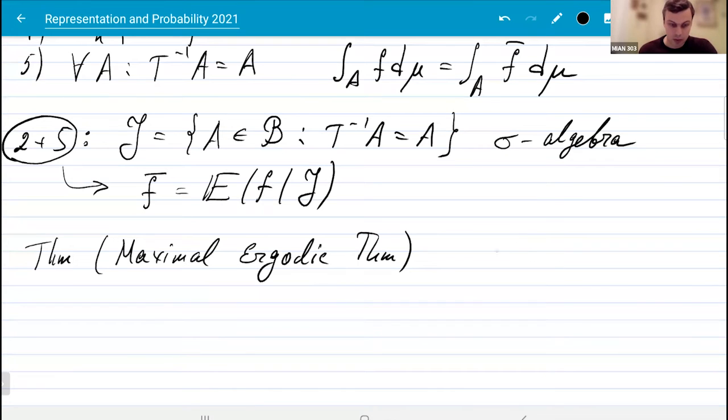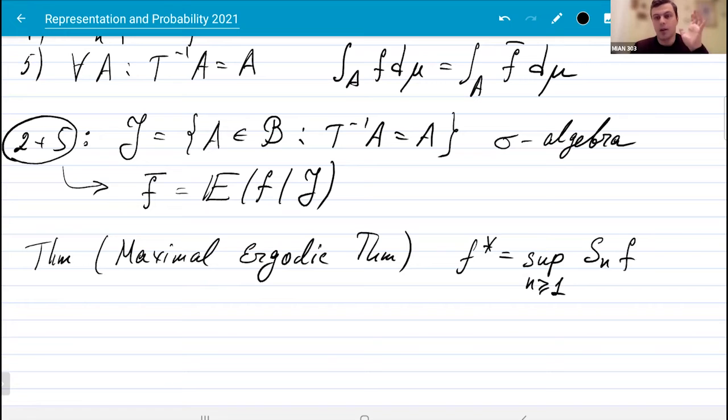So the idea is the following: let's consider the following function, where you just take all the averages of this function and take a supremum of all of these.